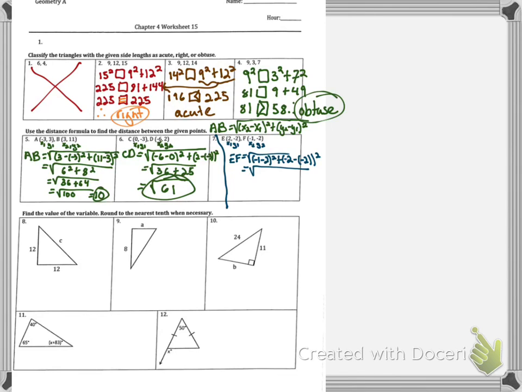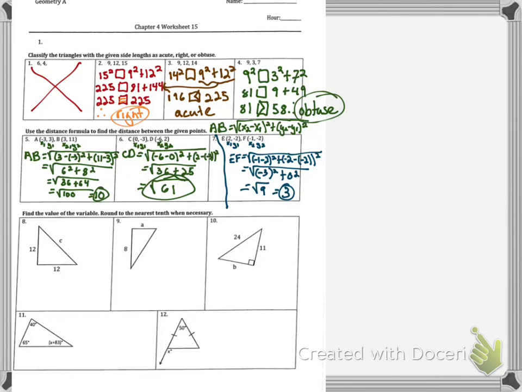Which gives me negative 1 minus 2 is negative 3, squared. Plus, over here we have negative 2 minus negative 2, which gives us 0 squared. This becomes the square root of 9. 9 is a perfect square, so our distance is 3.